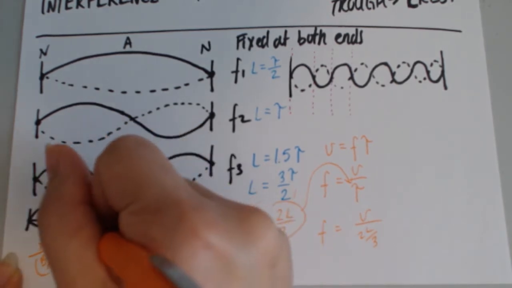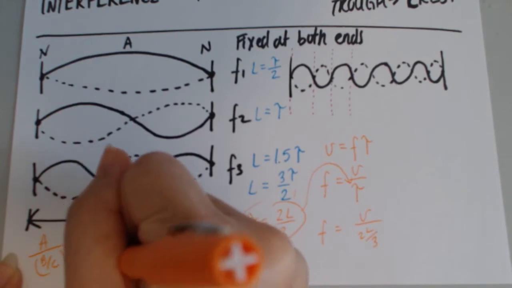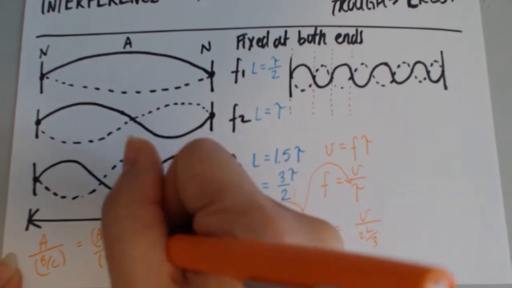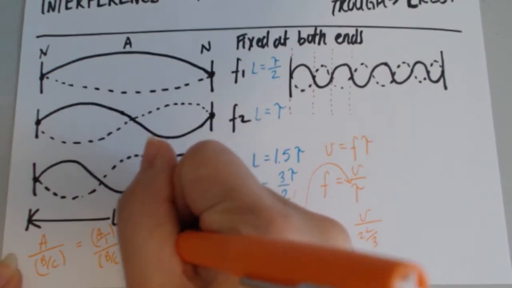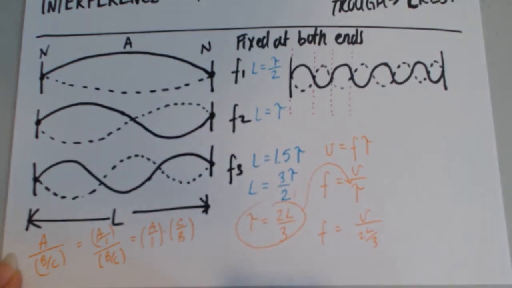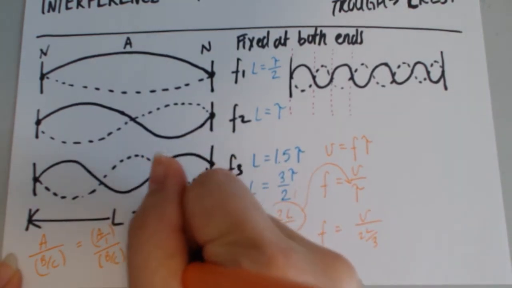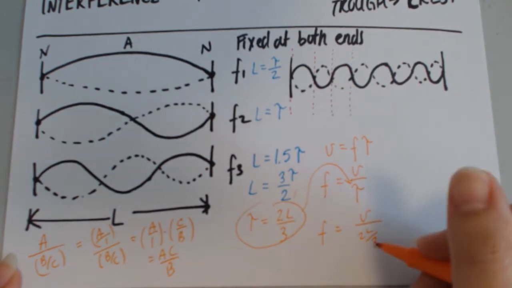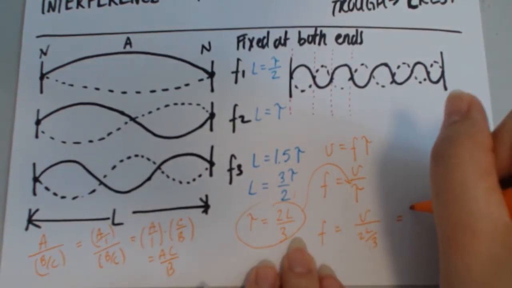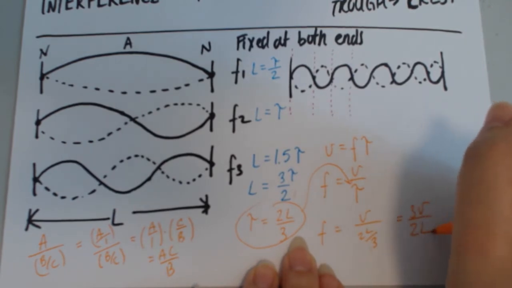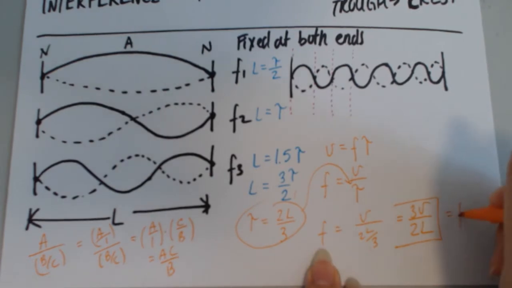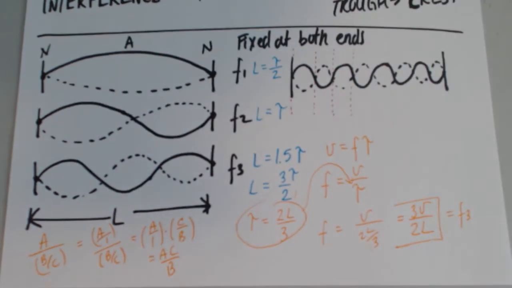So A over 1 over B over C. When you take a fraction and you divide by another fraction, that is equivalent to taking the top fraction and multiplying it by the reciprocal of the bottom fraction. So that becomes AC over B. Okay, so that means the 3 down here is going to come up to the top. So that's going to become 3V over 2L. All right, so that is the frequency, or this is F3.